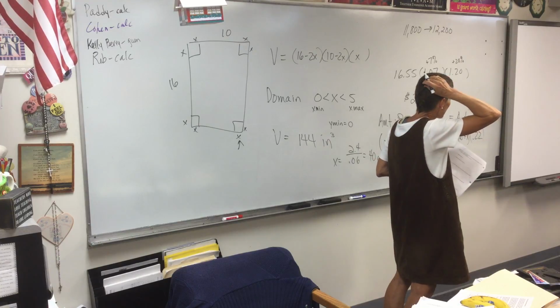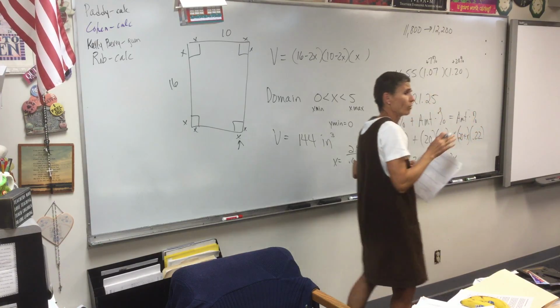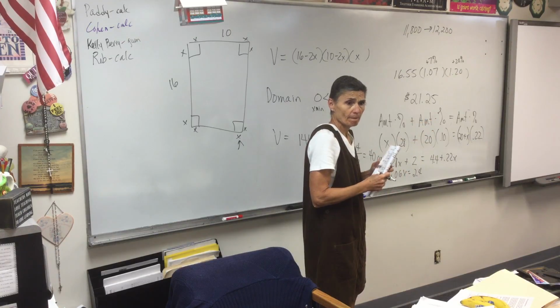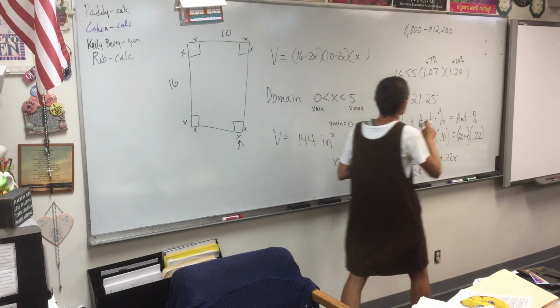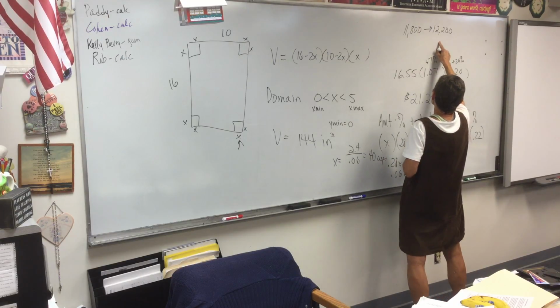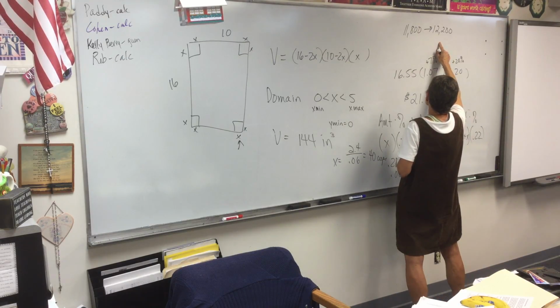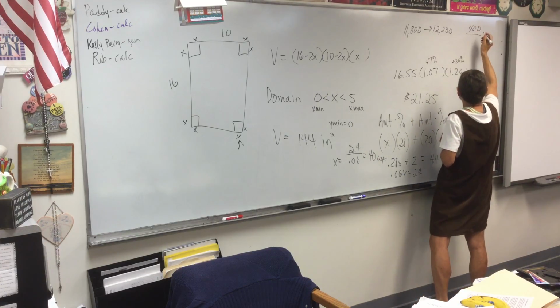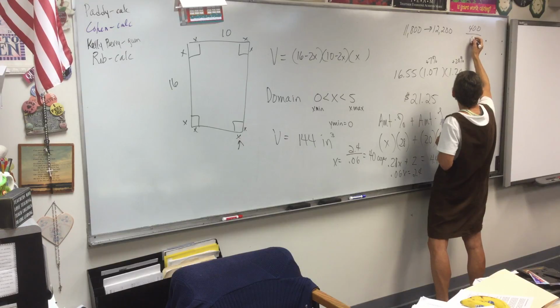Okay, let's see if that works out, because the way we normally would do this problem, who remembers? Let's see if we get the same answer. The difference. We take the difference. Okay, and what's the difference here? How much did it increase? 400. And then what, Ethan? Divided by the original.